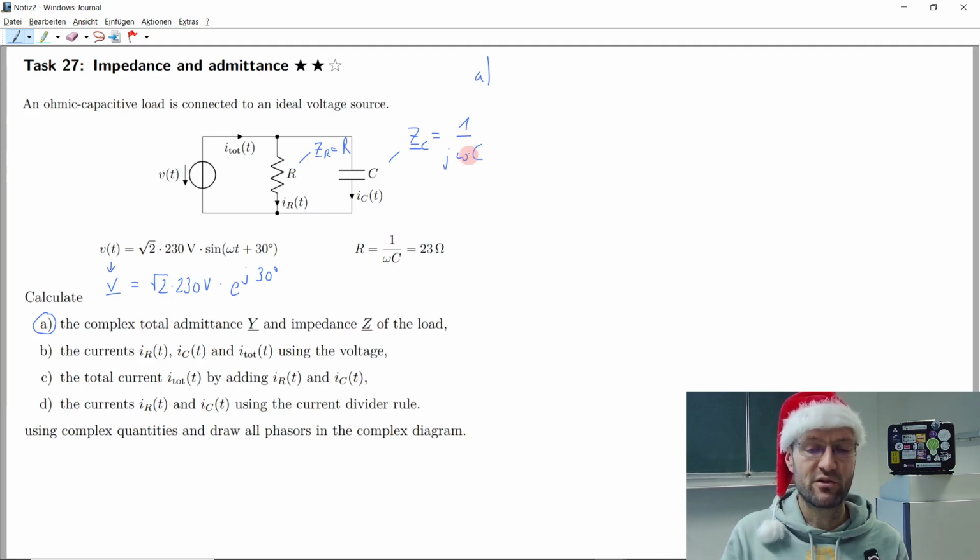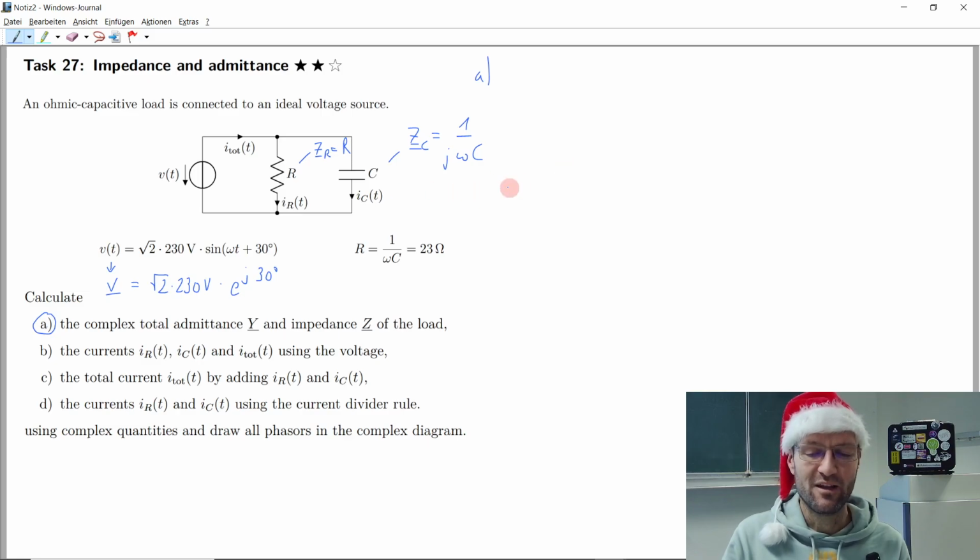I think in the lecture you have discussed where this 1 over j omega C comes from. Should I try to explain once again where the j comes from?